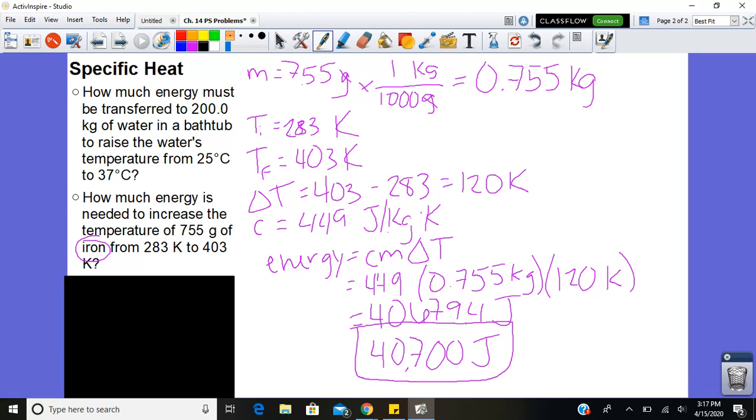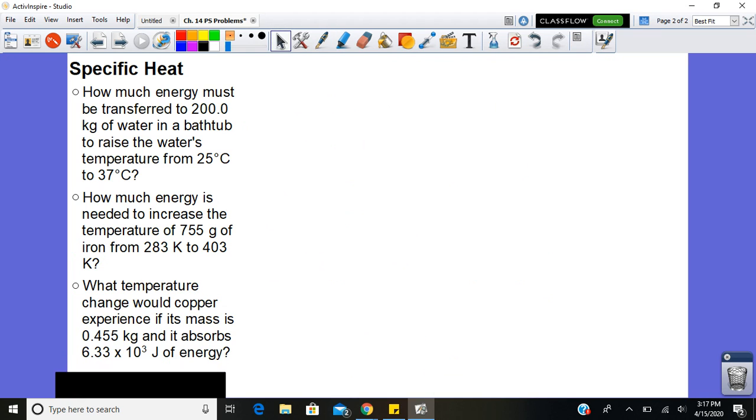Okay, and let's try one last one. So what temperature change would copper experience if its mass is 0.455 kilograms and it absorbs 6.33 times 10 to the third joules of energy? So I know my mass, and that is 0.455 kilograms.